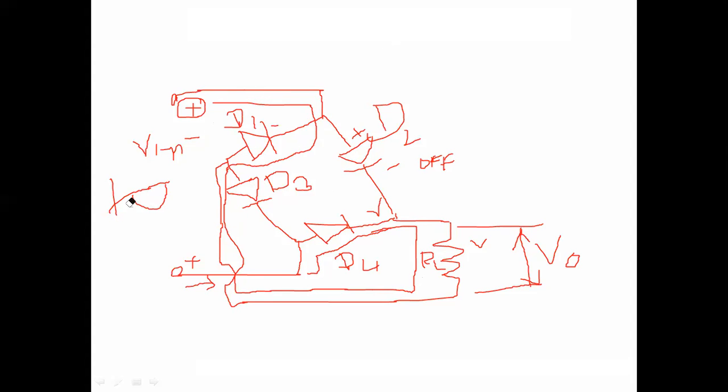So in the negative half cycle, diodes D4 and D1 conduct, and D2 and D3 are off. Like this, the current flows through the resistor RL, and the output is available across the load resistance.